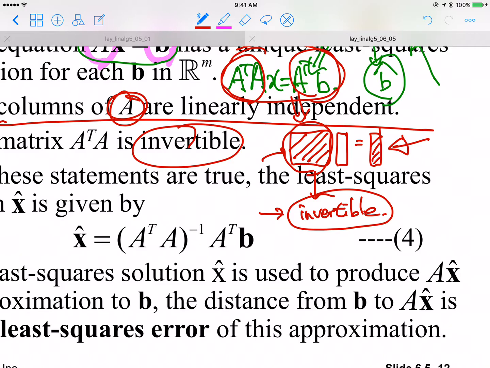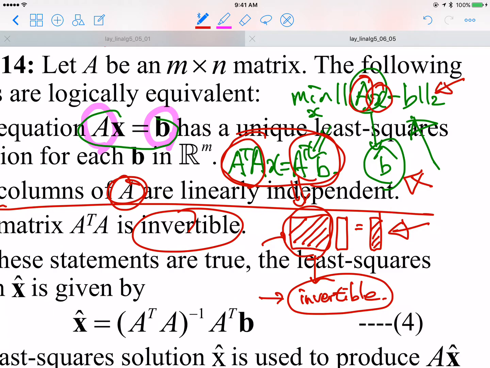And so we can make an interesting conclusion from here: in the least squares problem, if the columns of A are linearly independent, then we will have a unique solution, right? And in this case, what was this guy?